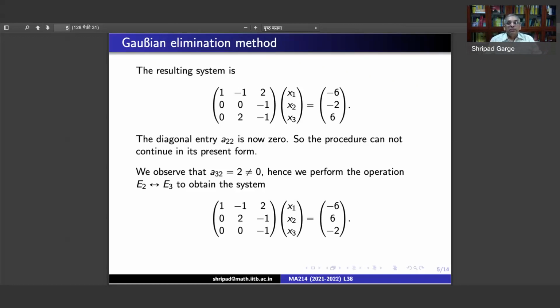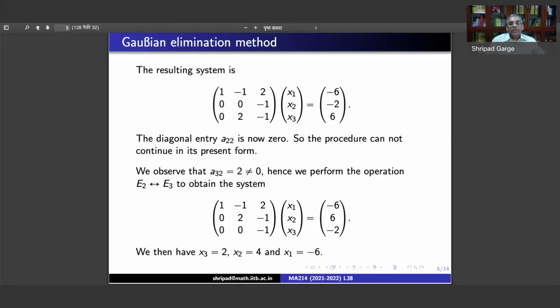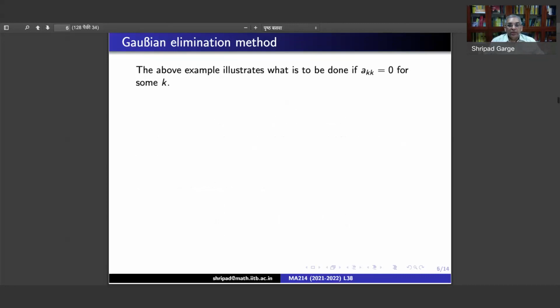Therefore, if the matrix change gives you a switching of two rows, that same change will have to happen on the B column also, but the X column remains unchanged. Once we have obtained this particular system, then we can solve it easily. X3 is 2, X2 is 4, and X1 is minus 6. So this is what we have done, and let's put it back in the algorithm.